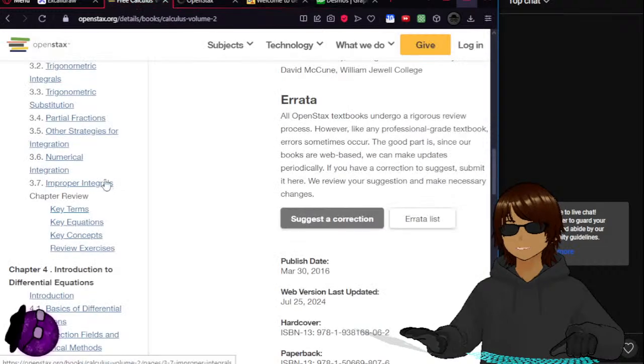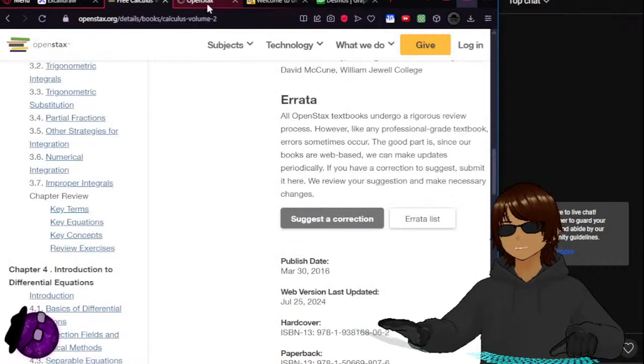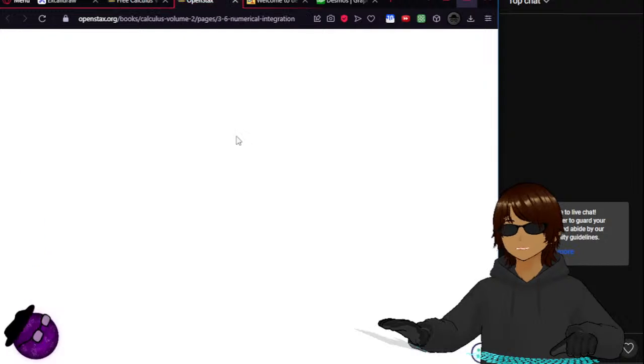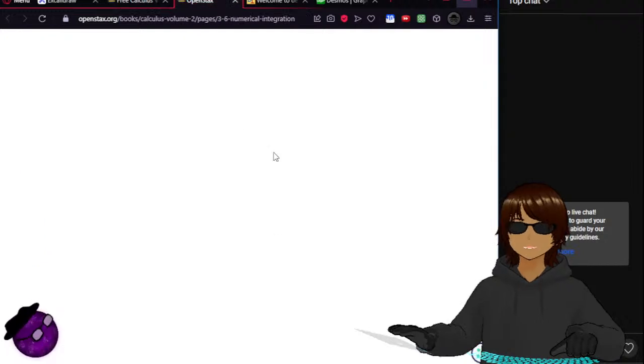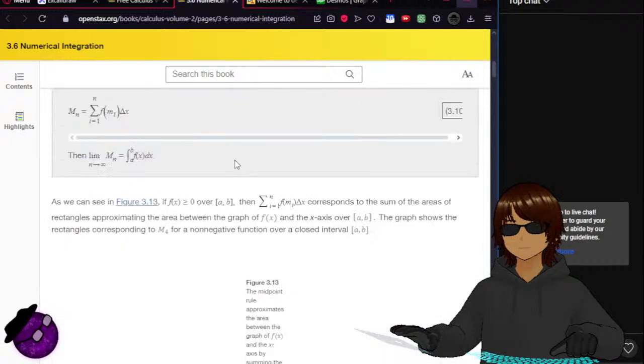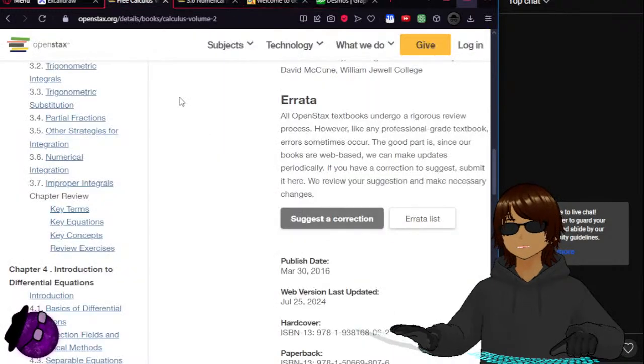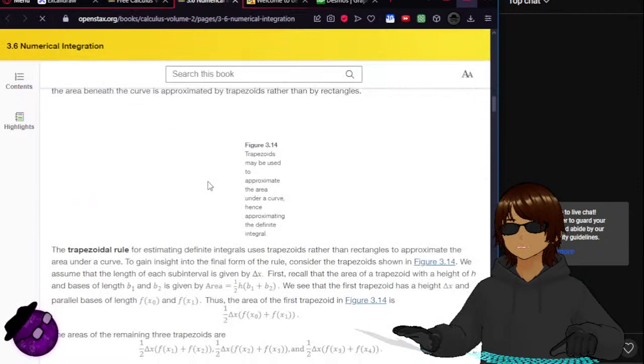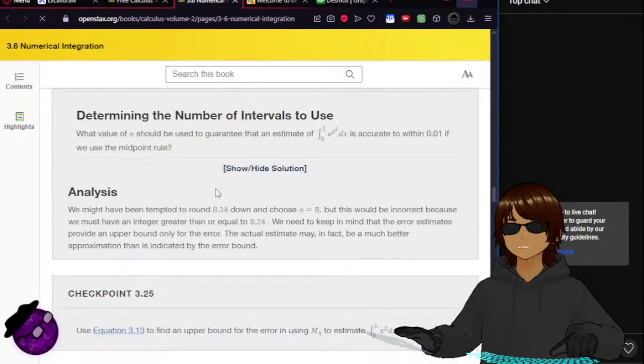And also I did improper integrals, where it's going to infinity. Oh, I remember. Where we break it up into discrete parts. Use the trapezium rule or Simpson's rule.